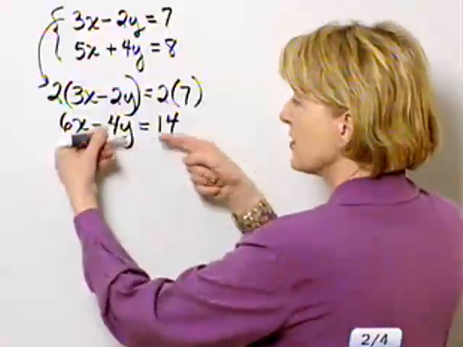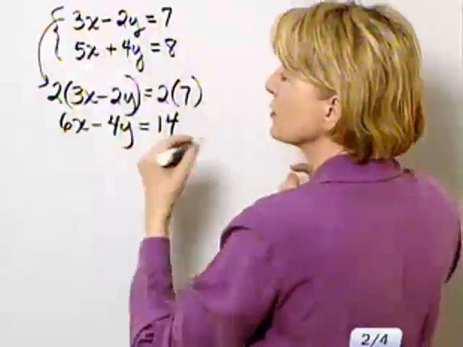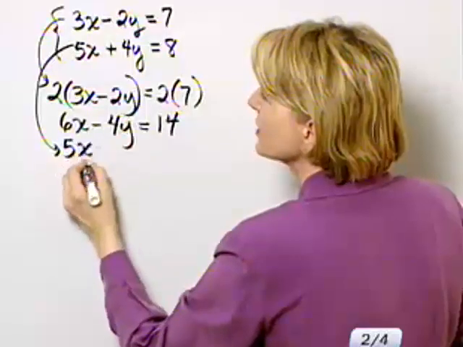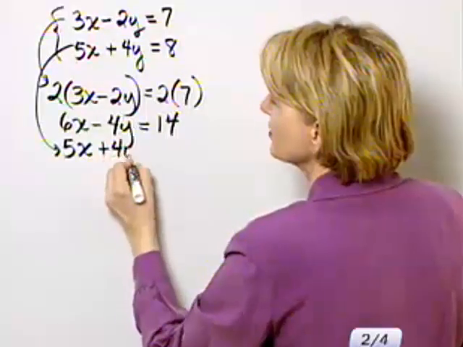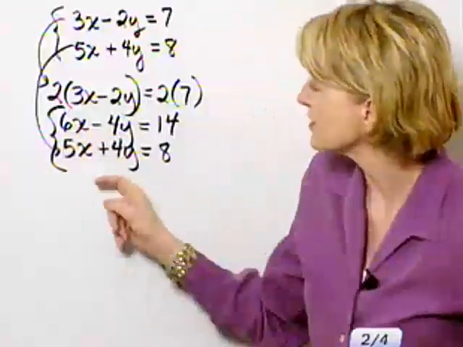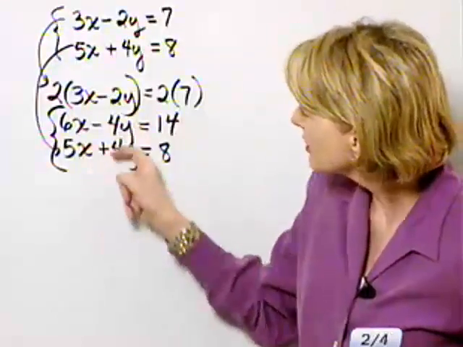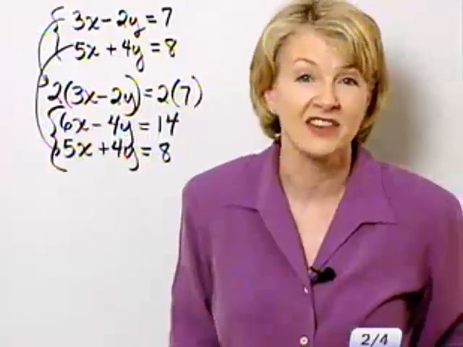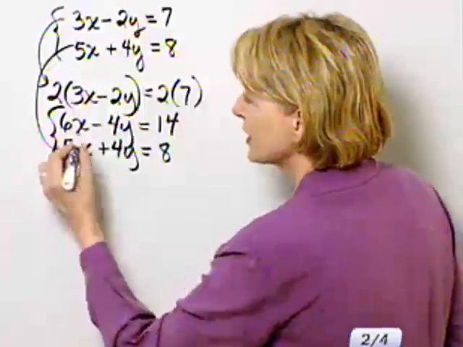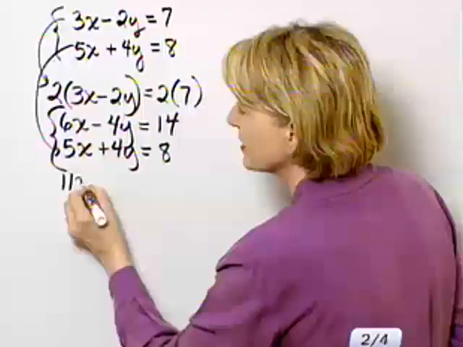Now remember, this is equivalent to our first equation. We'll now simply rewrite the second equation. And now here's that system again, and notice the y's are opposites of each other. Let's now add the equations in the system. 6x plus 5x, that's 11x.